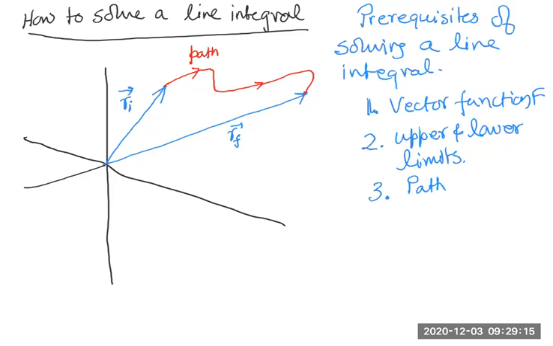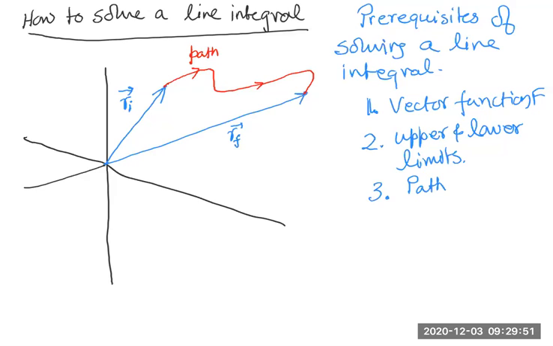Everybody doing this integral will get a different answer despite the fact that the function is same and the limits are same, because the integral value depends not only on the function, not only on the initial and final points, but it also depends on the path which the particle has taken, or which has been followed. Now you may ask, of course, ये path कहाँ से आ गया बीच में?